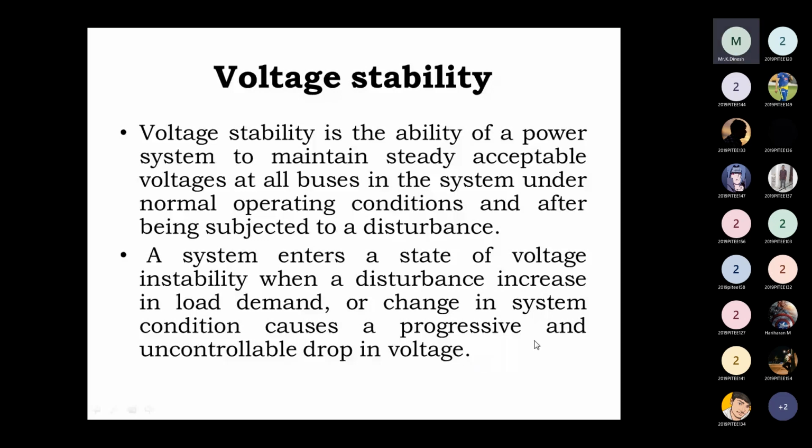The normal is 230 on average, but you may get only 290 or 210, 205 also in some cases. So your electrical and electronic appliances will get affected due to the uncontrollable drop in voltages. So in order to avoid that, we have to maintain our system in a stable manner.